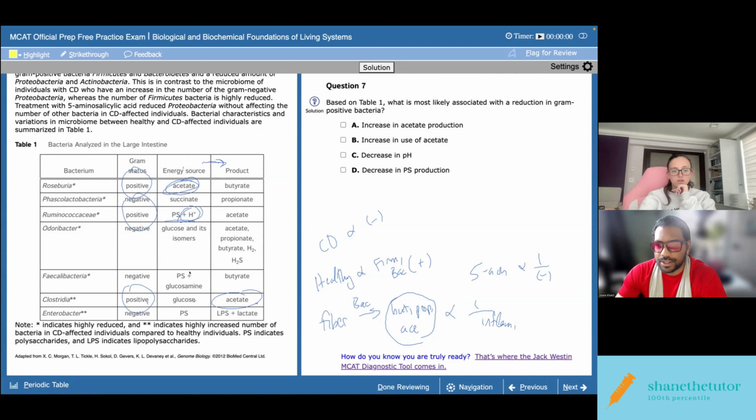So if you were reducing the amount of this ruminobacteria, you're not going to have that energy source be used up as much. So you're going to have higher levels of H plus, which means more acidic, which means lower pH.